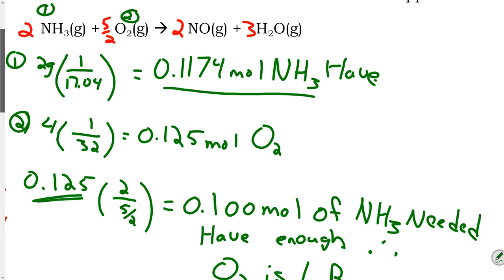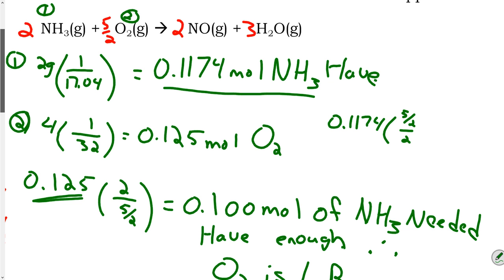And do you do it the other way? No, you don't have to do it the other way. If I would have done this the other way, don't take this down. So let's say I took my moles of ammonia and worked my ratio the other way to find out how much oxygen I need. You don't have to take this down. 5 over 2 over 2.